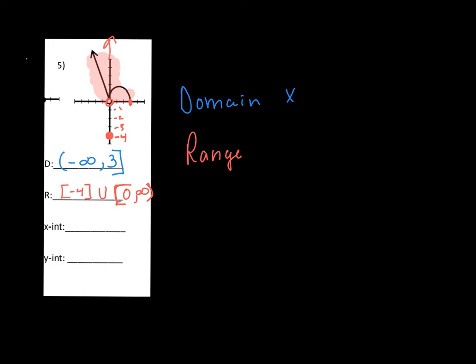The only x-intercept that I have is this value right here, which is 3. So my x-intercept would be (3, 0). The only y-intercept I have is down here at -4. So my y-intercept is going to be (0, -4).